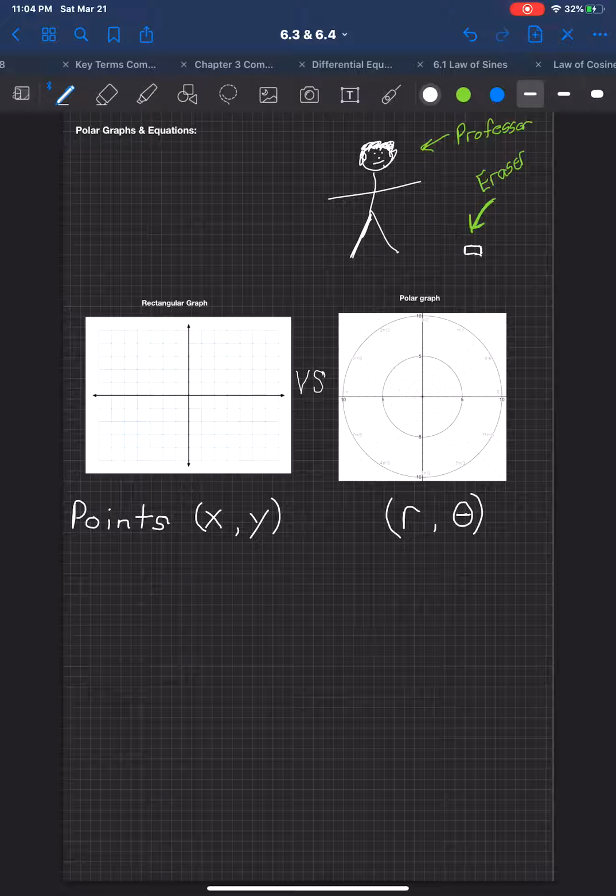Let's assume that this scruffy-haired guy here is your professor. This is me, and I have dropped my eraser somewhere in the classroom. Now, let's assume that I turn to you and ask the question, where is my eraser? How would you answer? From the comforts of your desk, how would you answer that question?